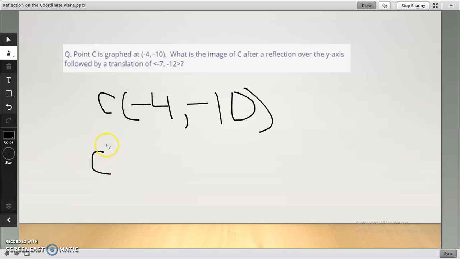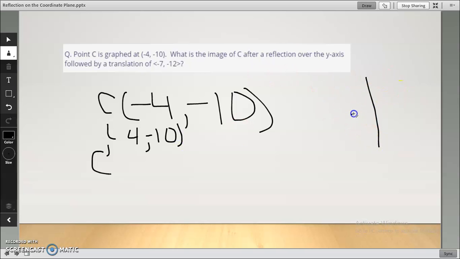I'm not going to write C prime yet, because I need to reflect it first, then translate. So I change the -4 to a +4, and the y stays -10. That's going over the y-axis.